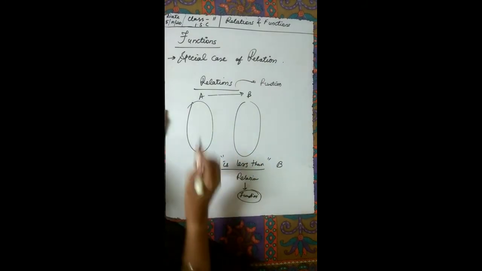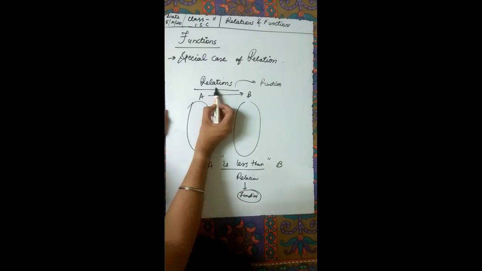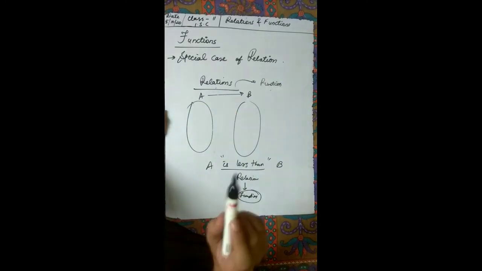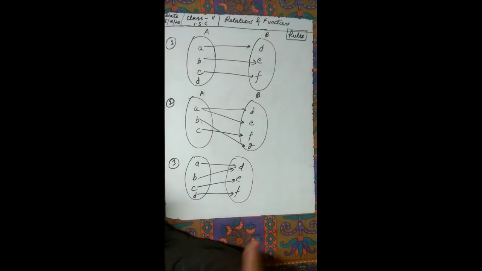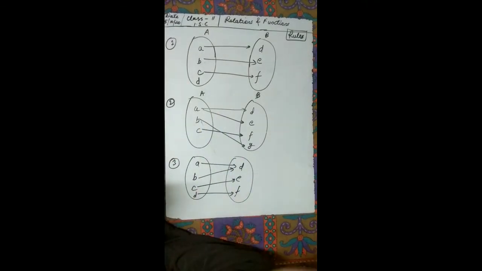One thing, every function is a relation, but every relation is not necessarily a function. I will explain how. So here are the 3 rules which will clear how a relation changes into a function, and what all important points you need to keep in your mind.